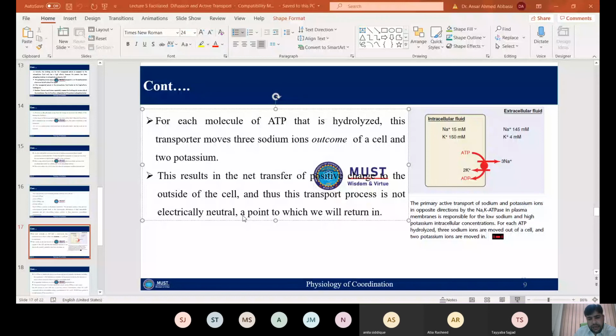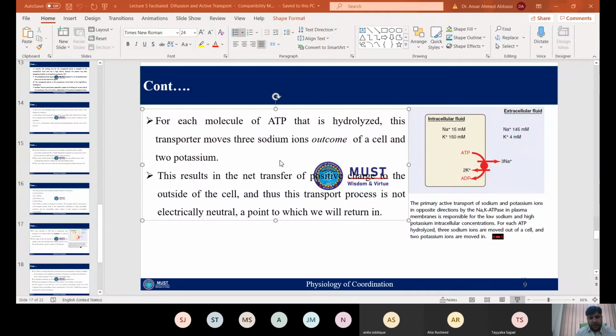So in this mechanism there will be a difference of charges, meaning a membrane potential will also generate. The plasma membrane will have more positive charges on the outer side, and more negative charges on the inner side of the membrane. This is all for today.